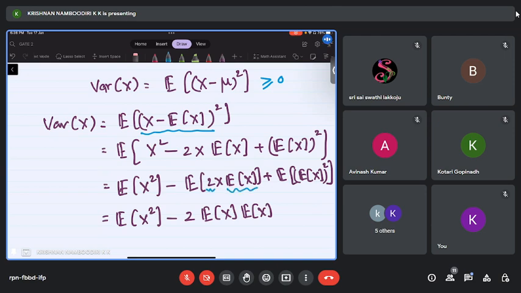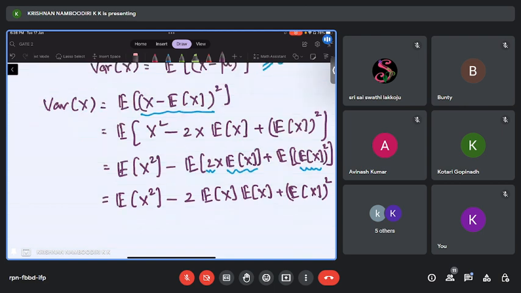Here again, expectation of X the whole square is also a constant. So this is nothing but expectation of X square minus (expectation of X) whole square. Everything good? Is everything straightforward?